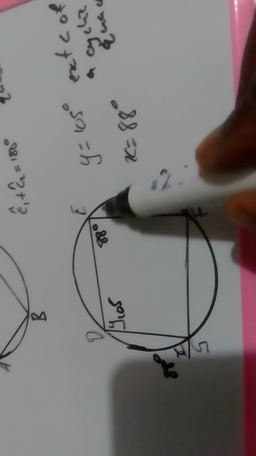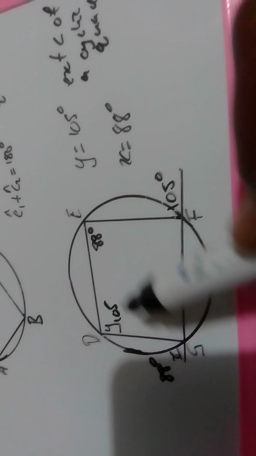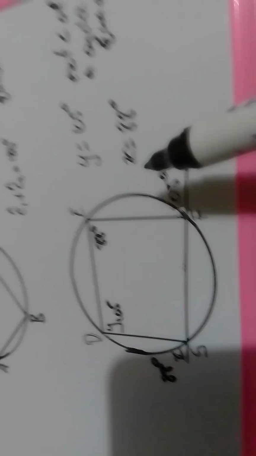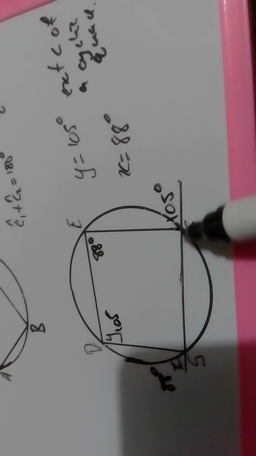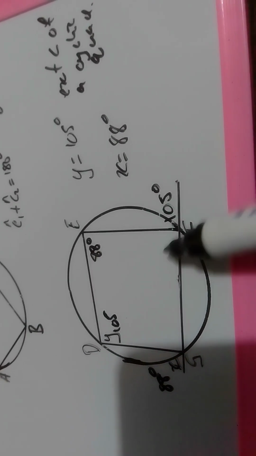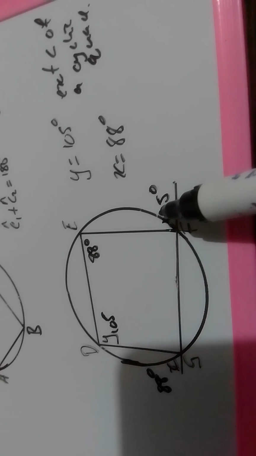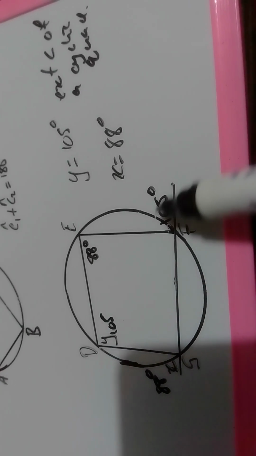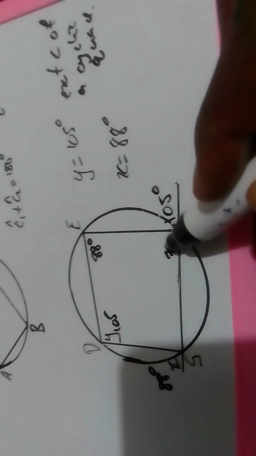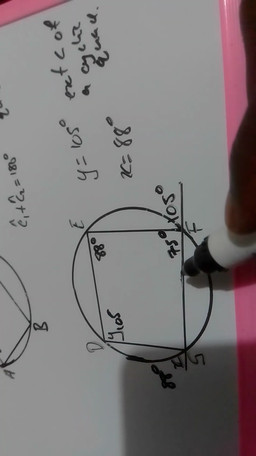If we are to add up the four angles of this quadrilateral, will we get 360? Remember, here angle 105 is found on a straight line, and these two are supplementary angles. So if I say 180 minus 105, I get 75 degrees, which means that this angle here is 75 degrees.